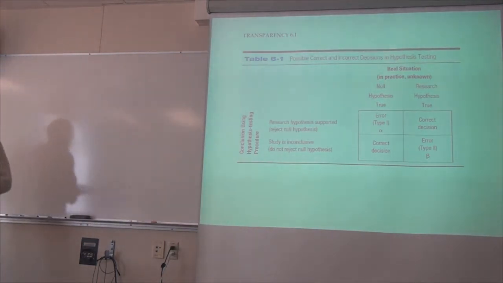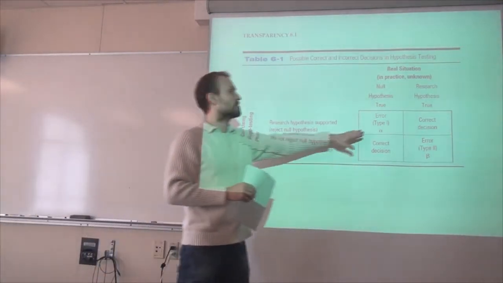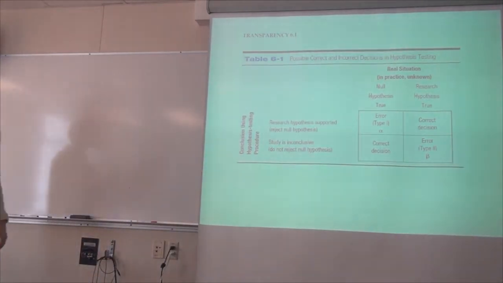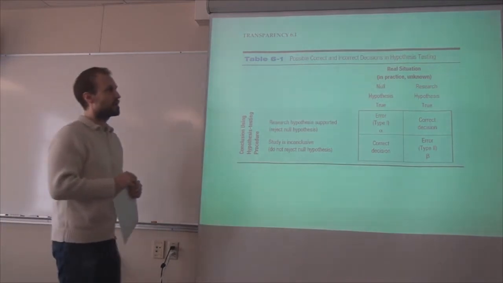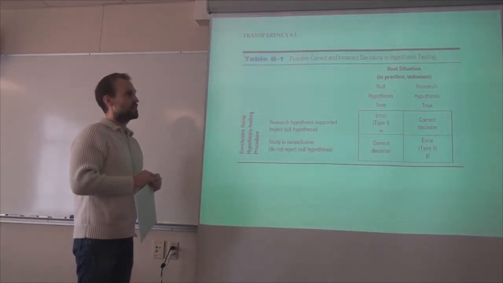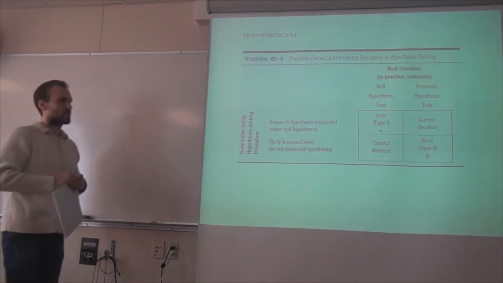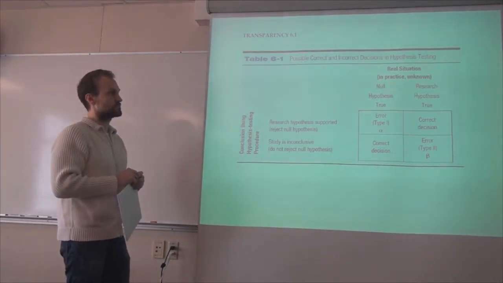So we're going to associate the letter alpha, the Greek letter, with the probability of making a type 1 error. What are my chances of making the wrong decision if the null hypothesis is true? In other words, if the null hypothesis is true, what are my chances of rejecting the null hypothesis, making the wrong decision?